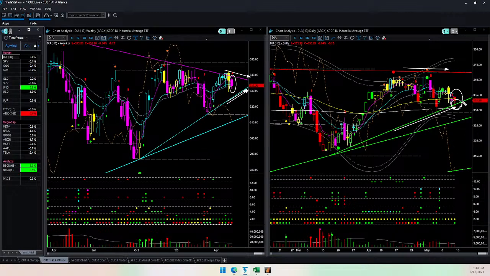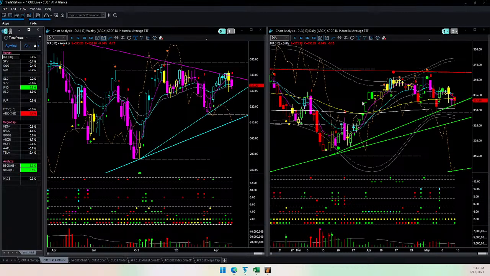What will be concerning is to see this support breaking, and then the next support, if that breaks, it will be even more concerning because after that the next trend line support is far away. Right now, because it is near support, I am not going to short, but if the support is broken, I may look for short setups in industrial stocks.